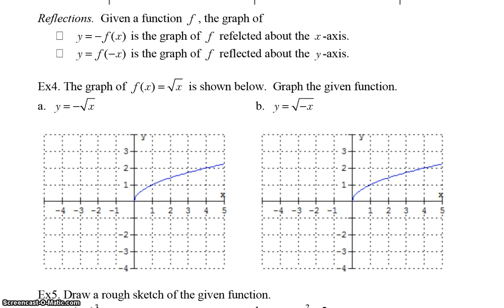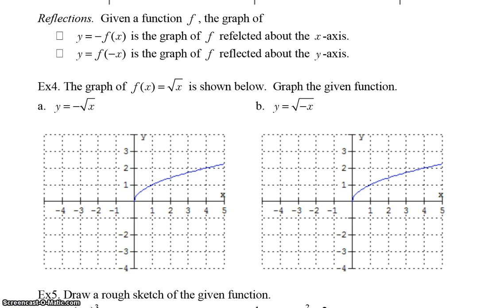Another reflection is f of minus x, where the minus sign is applied to x rather than to f of x. In this case, the graph is reflected about the y-axis. So the shape is going to be the same, but the graph may appear to have a different orientation. It may be opening down rather than opening up, or something along those lines.